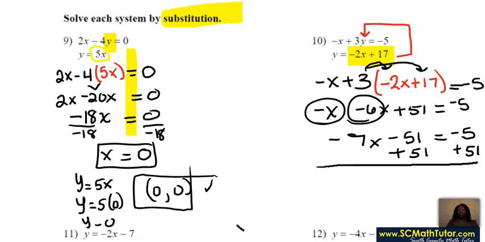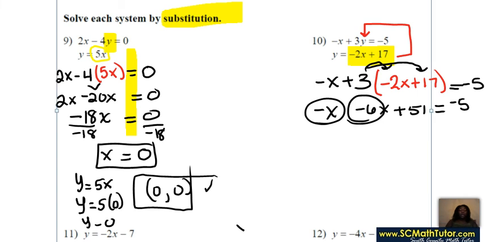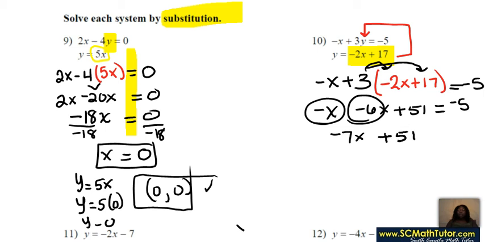First, you combine like terms. Negative x minus 6x is negative 7x, and plus 51 is equal to negative 5.